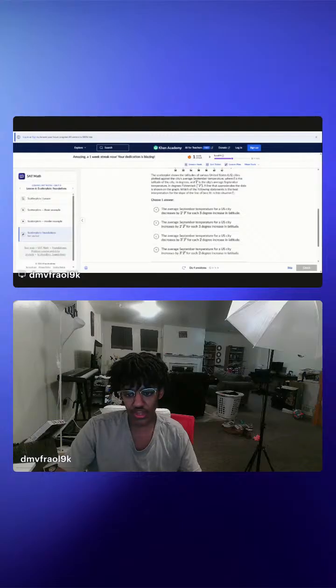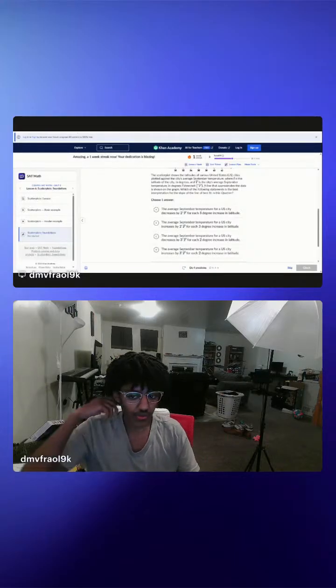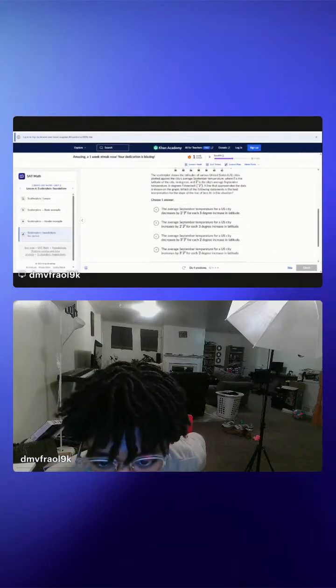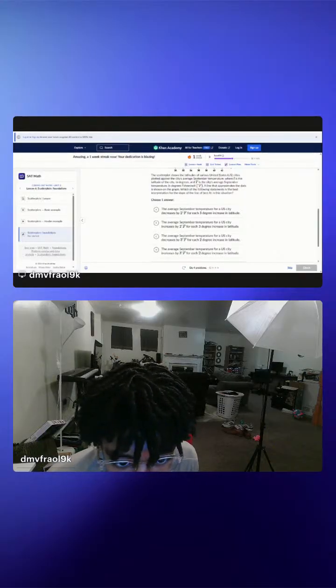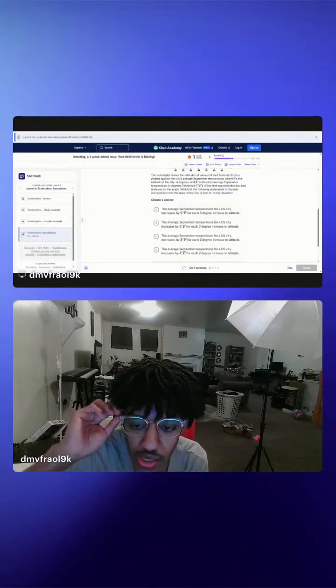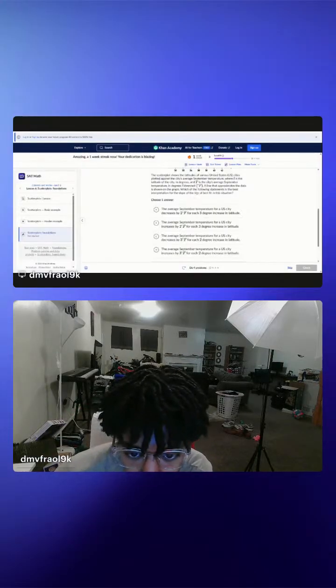Which of the following statements is the best interpretation for the slope of the line of best fit in this situation?